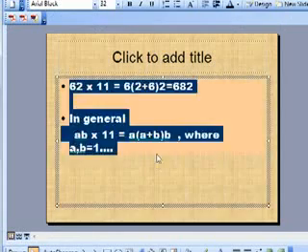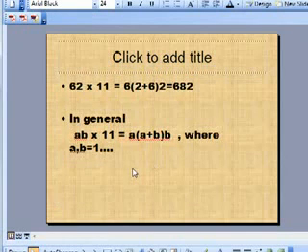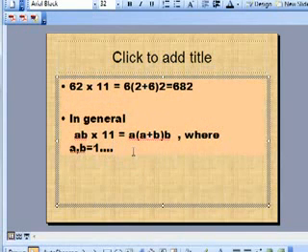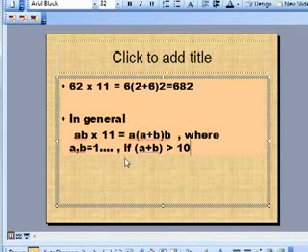If a plus b is greater than 10, then the result will be a plus 1, and then a plus b itself.